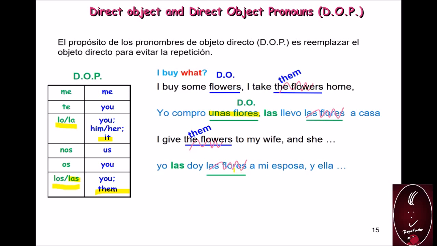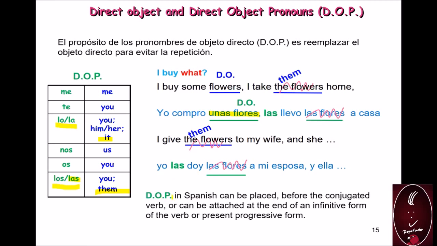That's the way direct objects and direct object pronouns are placed in Spanish. So direct object pronouns in Spanish can be placed before the conjugated verb, or can be attached at the end of the infinitive form of the verb or present progressive form.